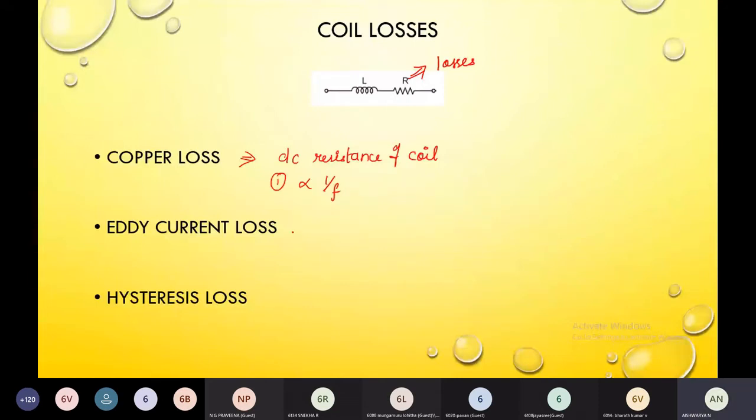And your second loss is eddy current loss. This occurs due to the current that is flowing through your coil. And this loss is proportional to your frequency.